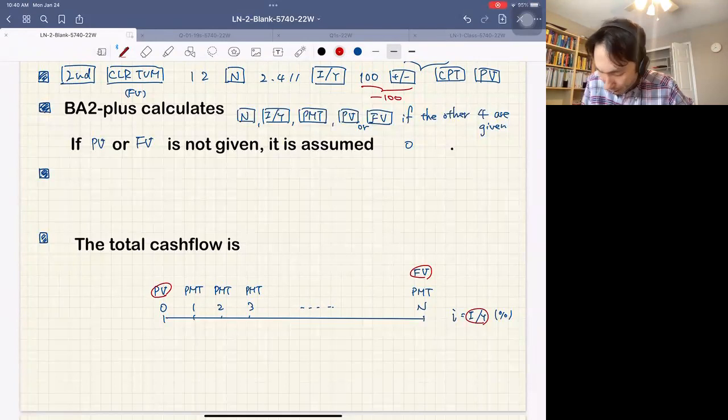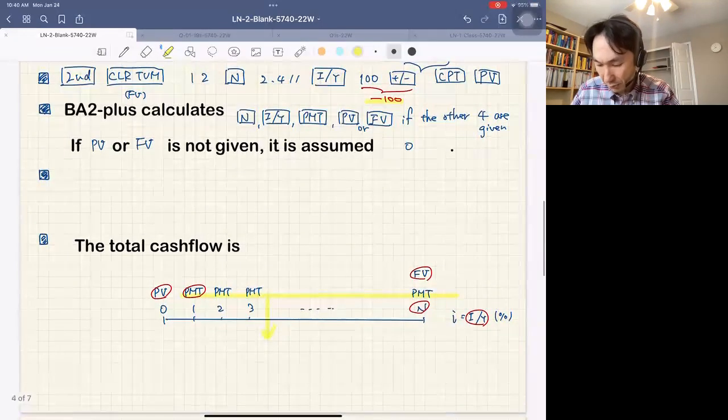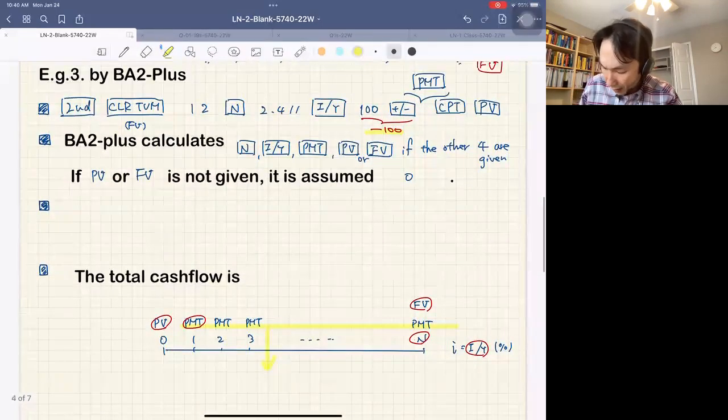So we have 5 quantities, right? The point is that all cash flow is on one side of the timeline. In our case, we want to have the payment on the other side of the line. That's why we have to put it as negative 100. So this is how the function works.